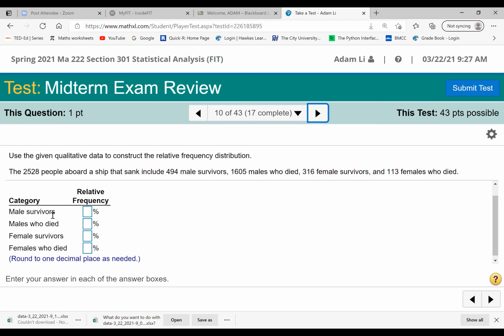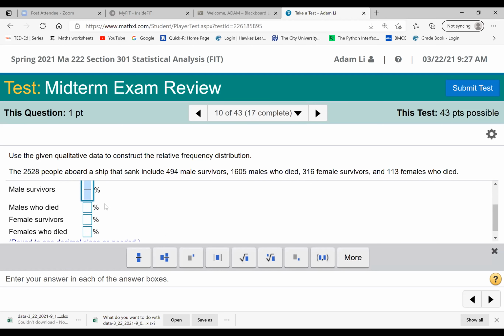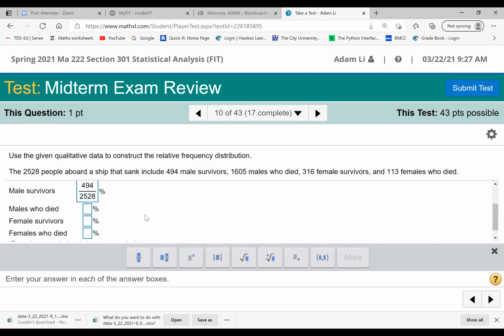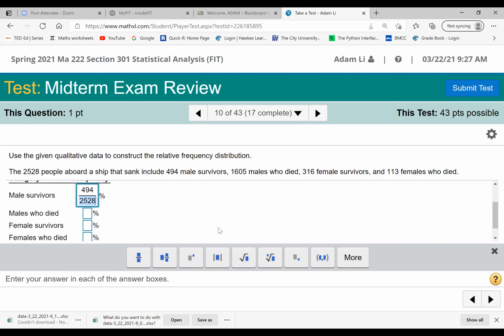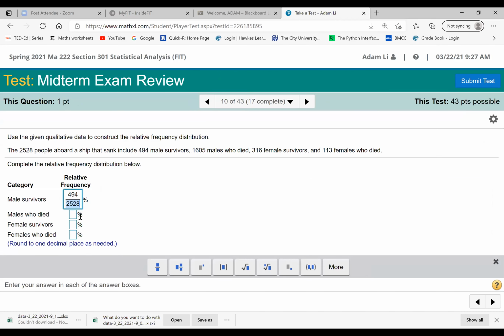So male survivors, there are 494 male survivors out of 2,528. So here you just have to divide 494 by 2528. Okay, and how many decimals do they want? They want one decimal place.